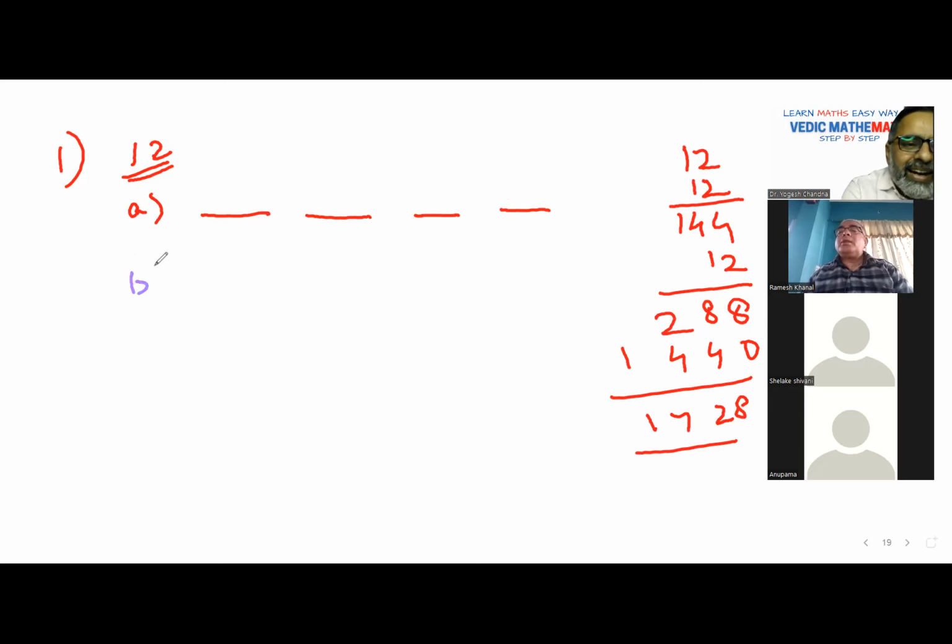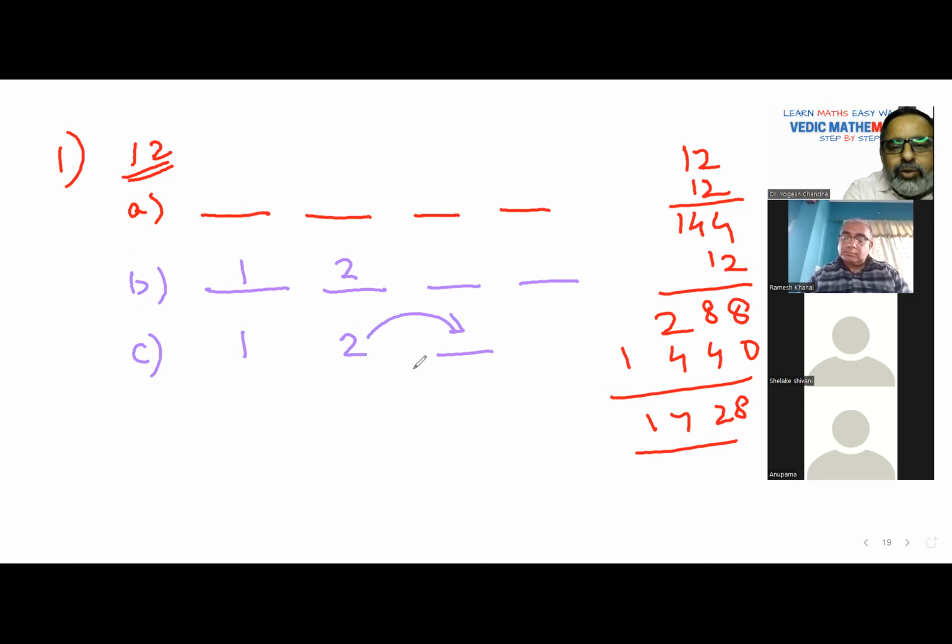Second, at the first place, write the first digit A. At the second place, write the second digit B. Third step, at the third place, write the square of the second digit, so that is 4. At the fourth space, write the cube, that is 8.